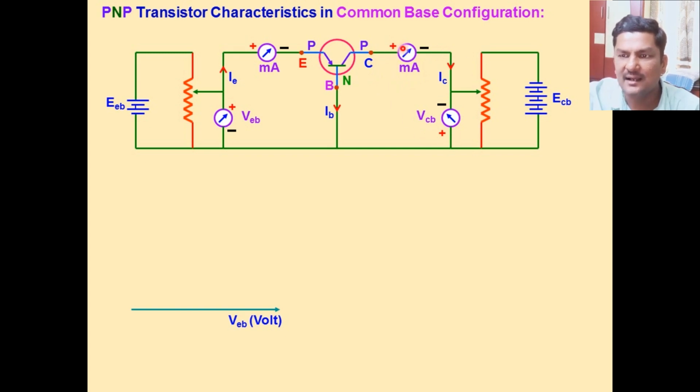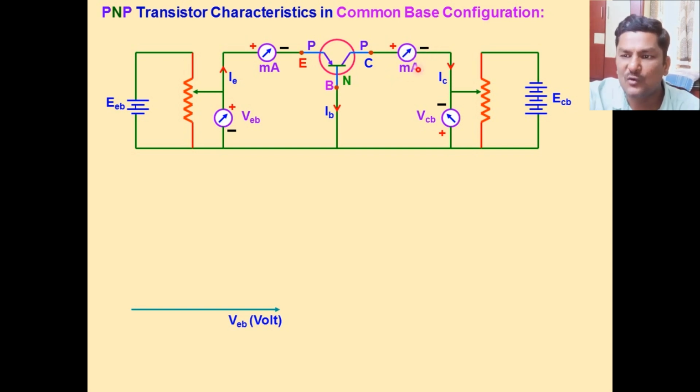And this is the output circuit, and the output current IC can be measured using the second ammeter available in the circuit. The p-type semiconductor is connected to the positive terminal of the ammeter, and this is the negative terminal.